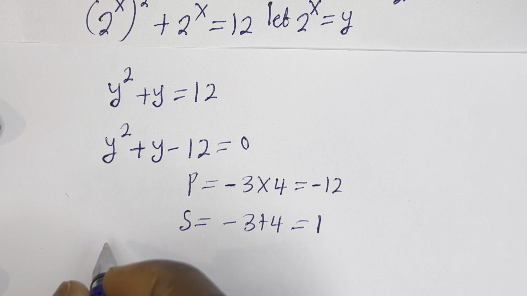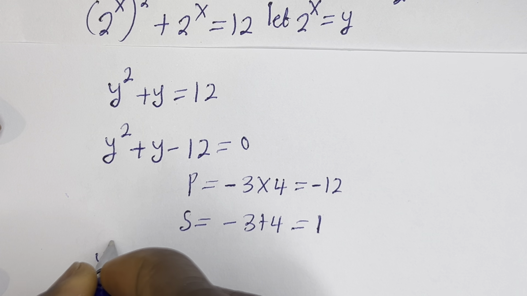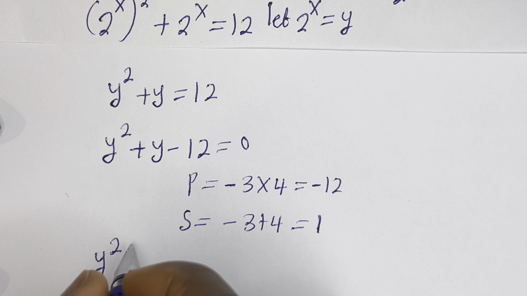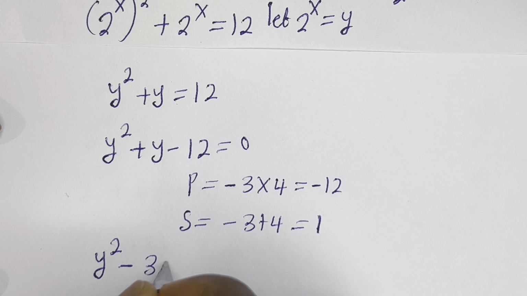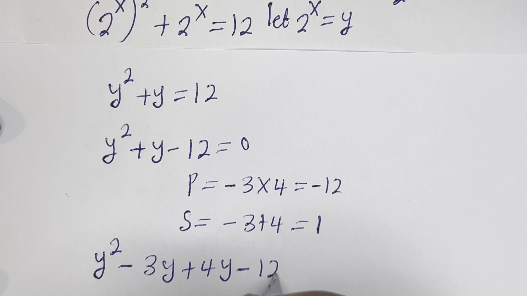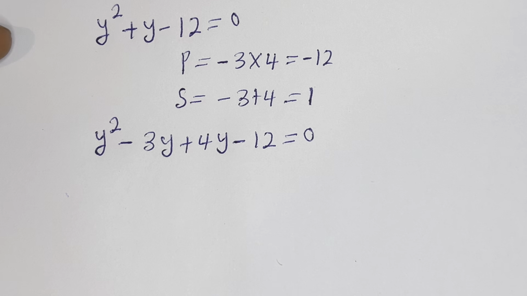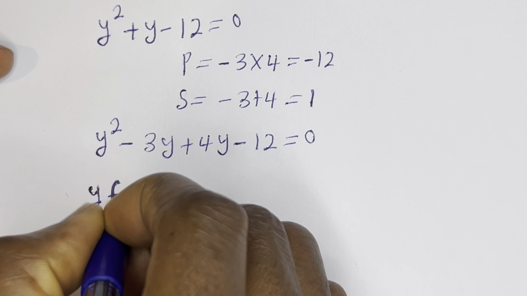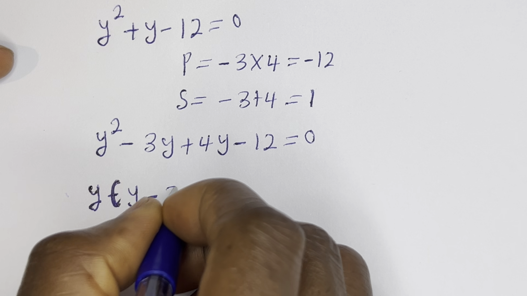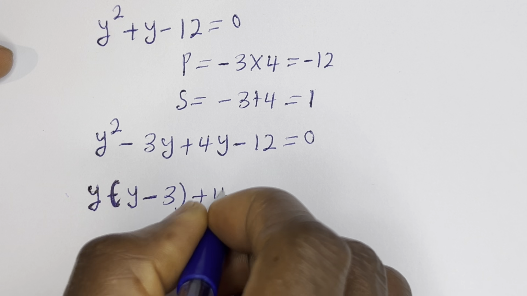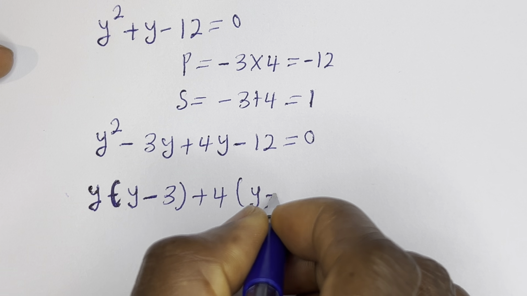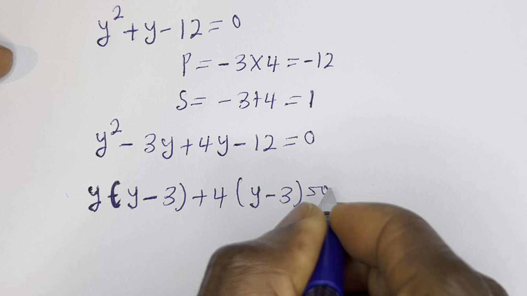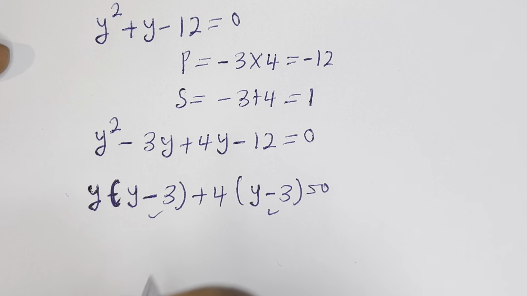This can be written as y squared minus 3y plus 4y minus 12 is equal to 0. y bracket y minus 3 plus 4 bracket y minus 3 is equal to 0. y minus 3 is common.